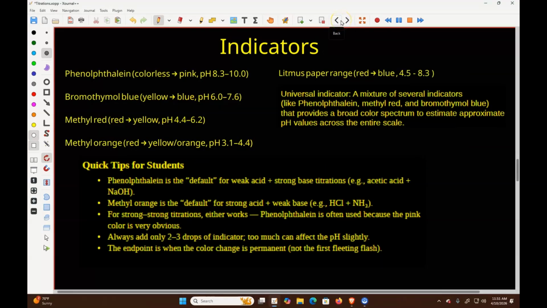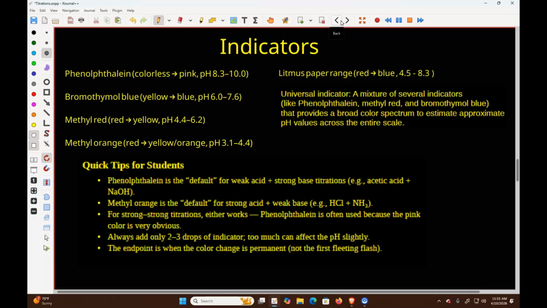Here I'm giving you a list of indicators: phenolphthalein, colorless to fuchsia or dark pink, with a pH range of the color change from 8.3 to 10. Bromothymol blue, from 6 to 7.6.